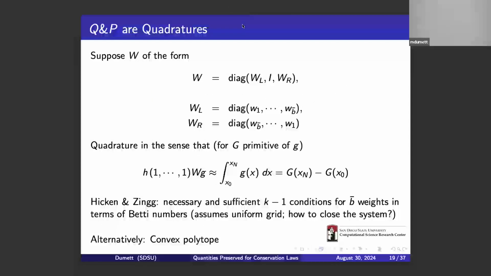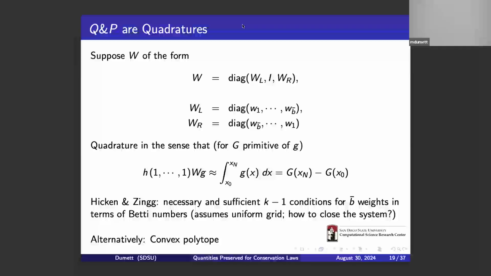So there is an important thing. It turns out that Q and P are quadratures, in the sense that if I have a function G and I want to compute the integral of this in this interval, then if I make an approximation of this form using P or Q, I can prove that P and Q are quadratures if and only if they satisfy a series of relationships in terms of Betti numbers.